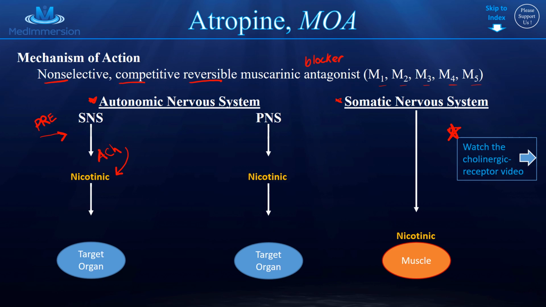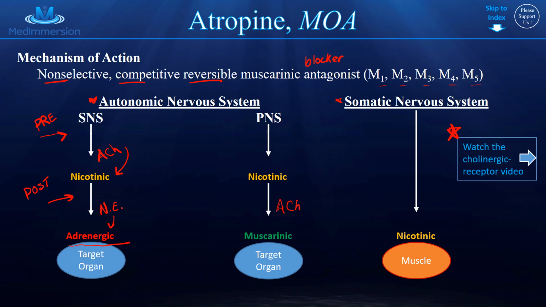This second set of arrows represents the postganglionic neurons. In the sympathetic nervous system, what receptors are we looking at on the target organs? Well, for the sympathetic system, it's going to be adrenergic receptors. That makes sense, right? And on the parasympathetic nervous system, here's the key, muscarinic receptors.